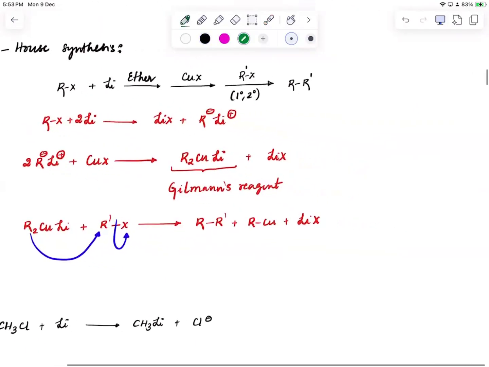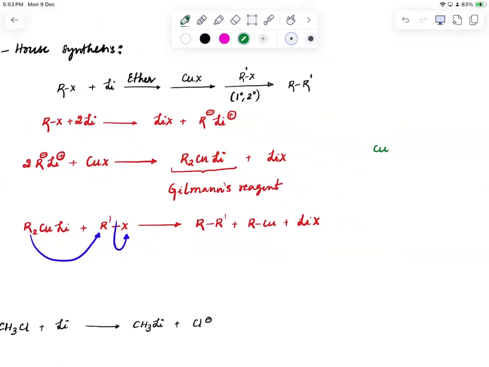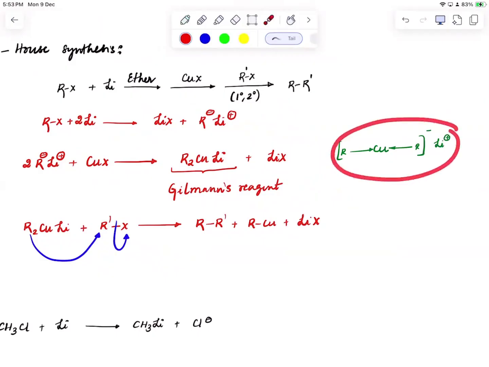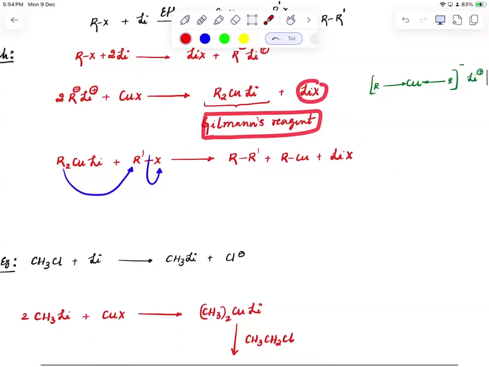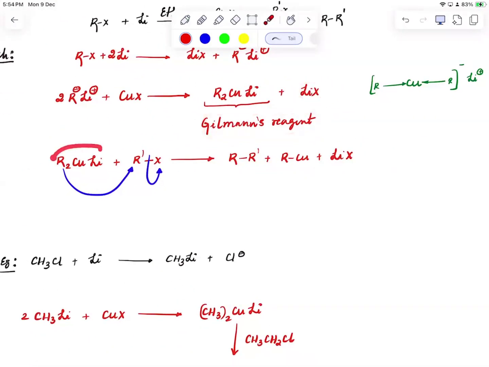I have a copper coordinated with this R group on both sides, like this, and it has a minus charge outside and lithium plus. This is the complex you will get. You will notice that the copper is forming a complex here, right? And LiX is formed. This complex is called Gilman's reagent. And you can preserve this Gilman's reagent and store it.